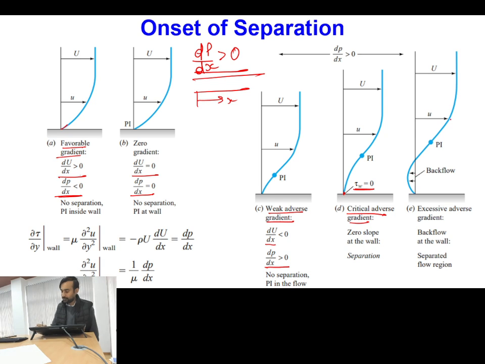So my velocity profile will become something like this. You can see this was the original velocity profile, now this is the new velocity profile, and this is the next point of the velocity profile. Is this point clear? So the separation point corresponds to wall shear stress equal to 0.